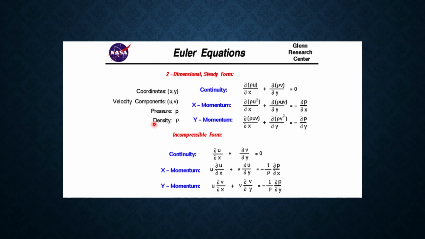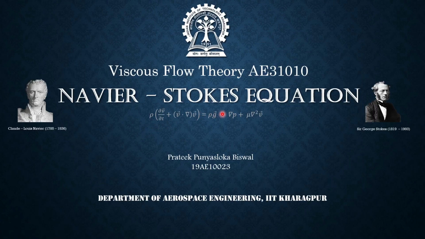Earlier, to analyze flows in fluid mechanics, there used to be the Euler equations, which used to look something like this. One thing that we can notice over here is it doesn't take into account the viscous forces. Like in this equation, there is a mu term that takes into consideration the viscous effects of the fluid.